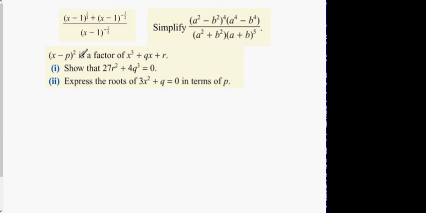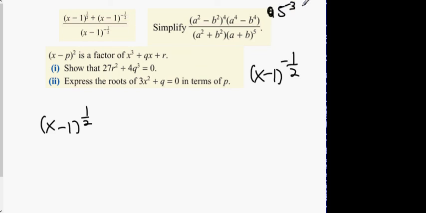This one here, x minus 1 to the power of a half. Now, x minus 1 to the power of minus a half. Okay, you've got to remember what the rules mean. If I said 5 to the power of minus 3, it's the same thing as 1 over 5 to the power of 3. We did it earlier.